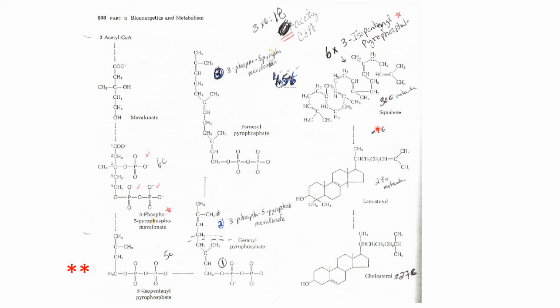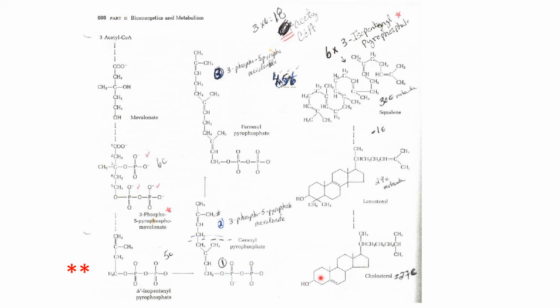So we cut 1 off, we cut 2 more off, and lo and behold, who do we have here? Lord have mercy, who is this? This is cholesterol. Let's see if we can number the carbons. 1, 2, 3, 4, 5, 6, 7, 8, 9, 10, 11, 12, 13, 14, 15, 16.